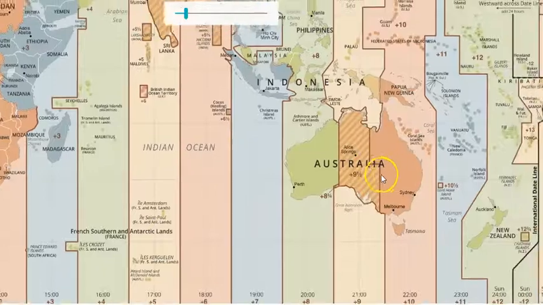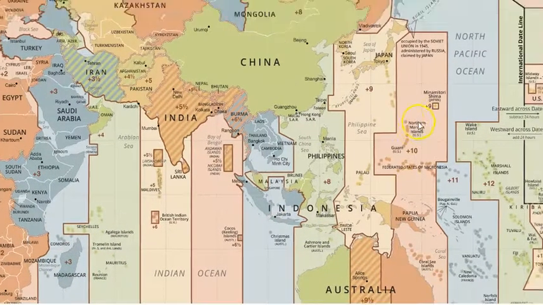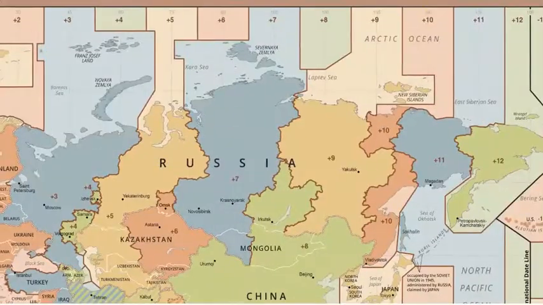but how I think of this is, if I want to go from one place to another place, all right, so I'm starting at Melbourne and I want to go to, say, Madagascar. I'm going to go to Madagascar, which is in this region here, which is plus 3, because I'm going from plus 10 to plus 3.